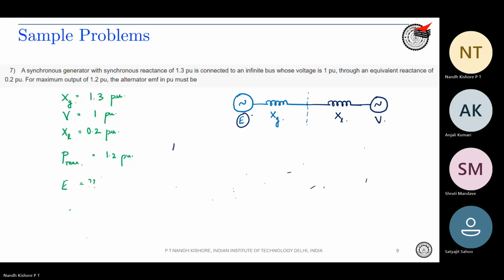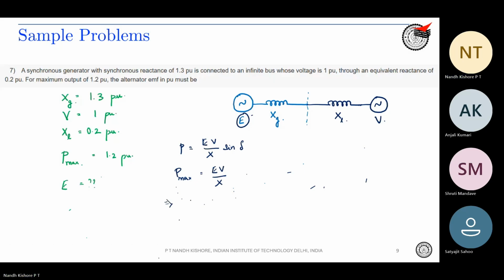You know that P is EV by X sine del. They have told P max, maximum P, which means sine del is going to be 1 or del is 90 degrees. So P max is going to be EV by X.